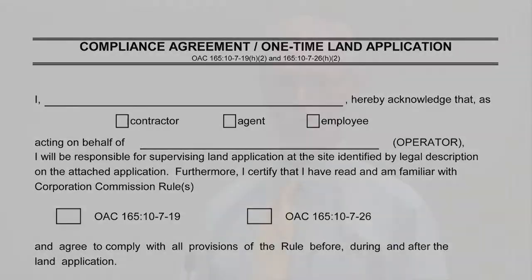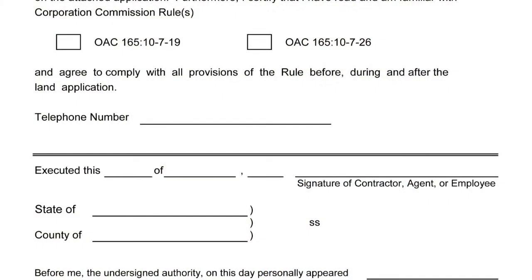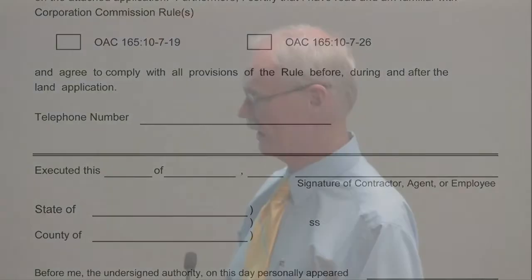I have found on more than one occasion some of the spreaders have never even seen the rules. We can't make them read them. Their telephone number is supposed to go here, the telephone number of the person that is responsible for overseeing the spreading. And then the rest is just legal things that have to be done.